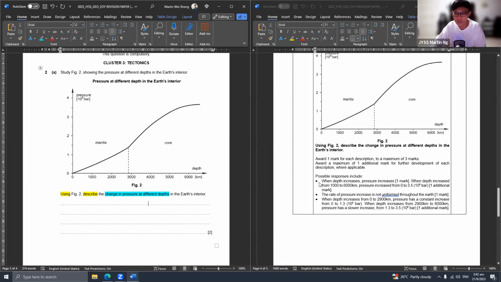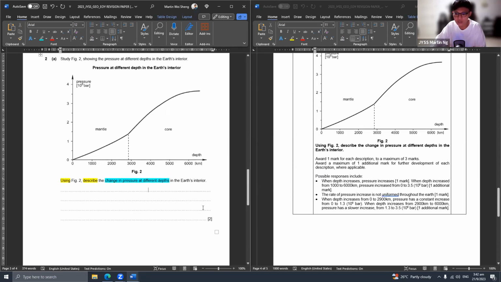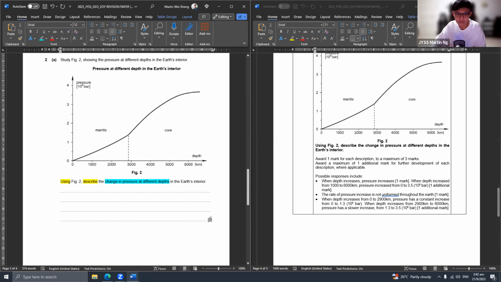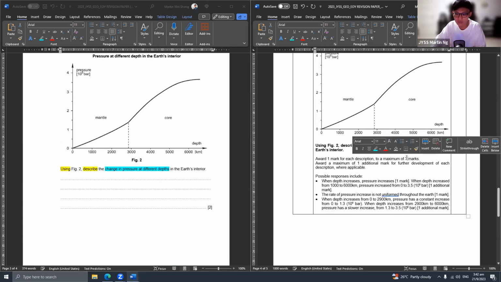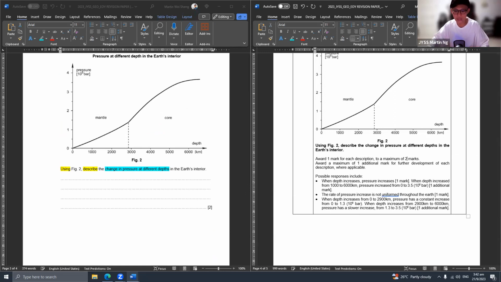So what are our possible descriptions? This question is worth 2 marks. For a 2-mark question, you have to give 2 separate points. There's a typo here. You have to give 2 separate points and award a maximum of 1 additional mark for further development of each point where applicable.